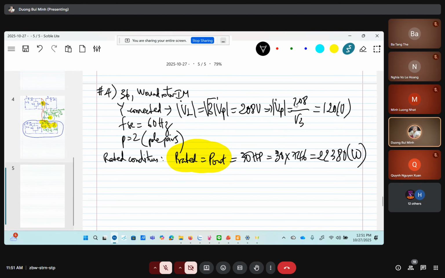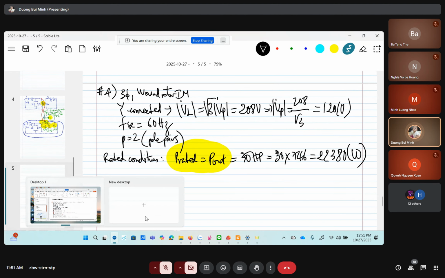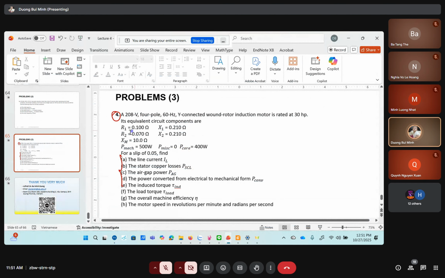Please remember, if I have some mistakes, inform me immediately, because I use my laptop and sometimes I don't remember the values of some parameters.